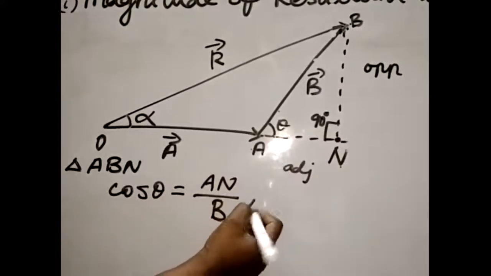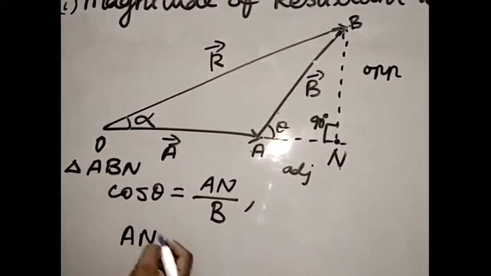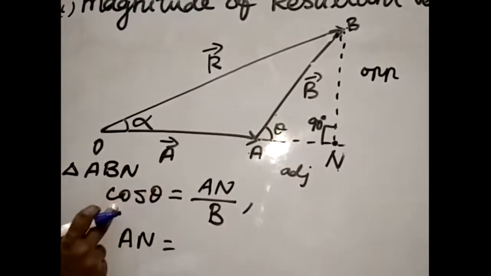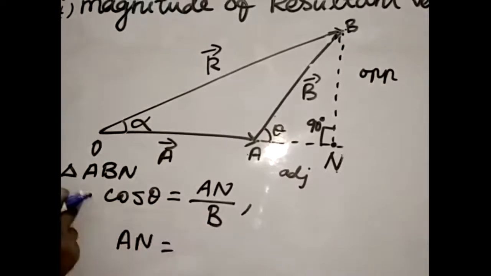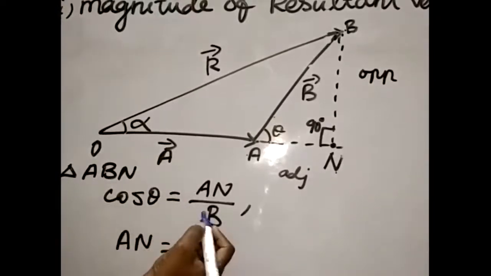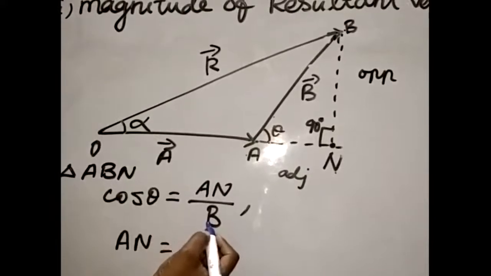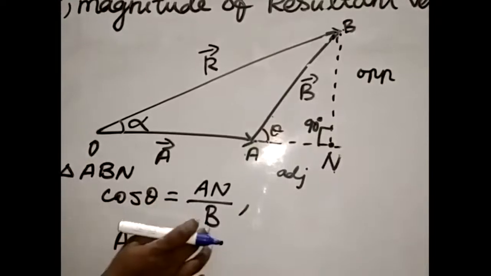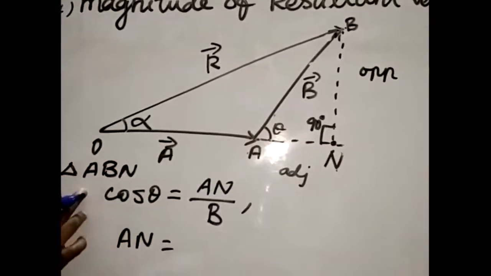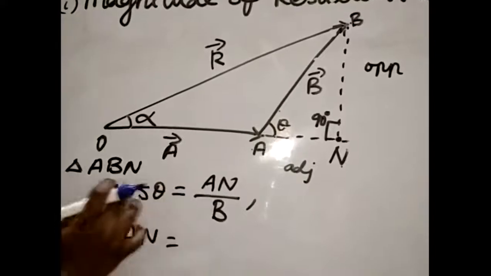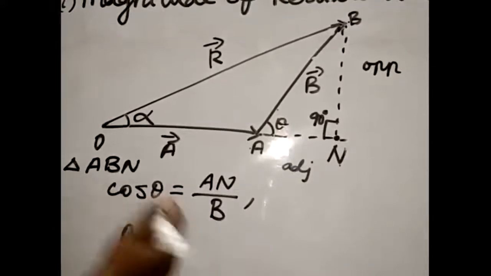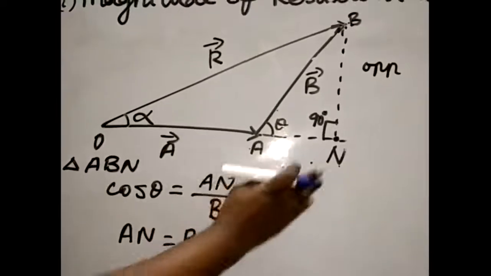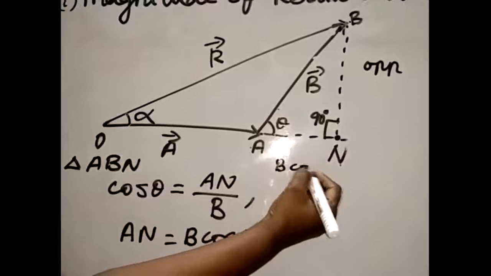AN equals cos theta, and this B will come to this side. Here B is in the denominator. When this B comes to the right hand side of the equal sign, the denominator goes to the numerator. So AN equals cos theta into this B, so B cos theta. So instead of AN we can write B cos theta.